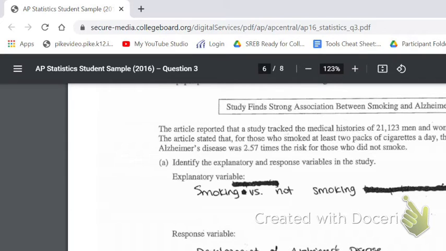Developing Alzheimer's versus not developing Alzheimer's. So they gave both conditions up here for the explanatory, smoking versus not smoking. Our response variable also has 2 conditions, developing or not developing. So they correctly identified the explanatory variable. They did not fully identify the response variable, so that got a partially correct.